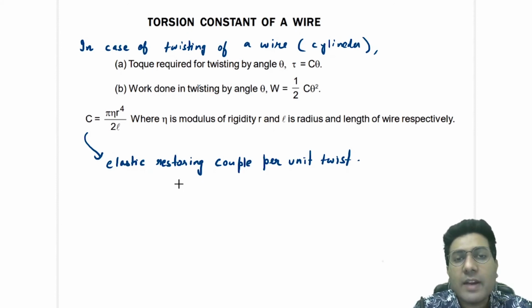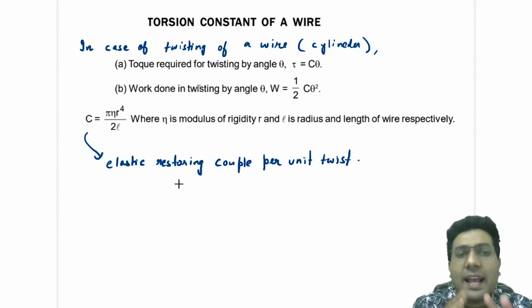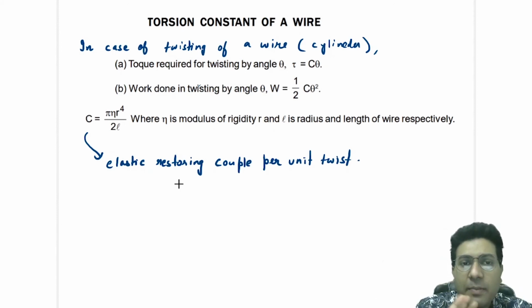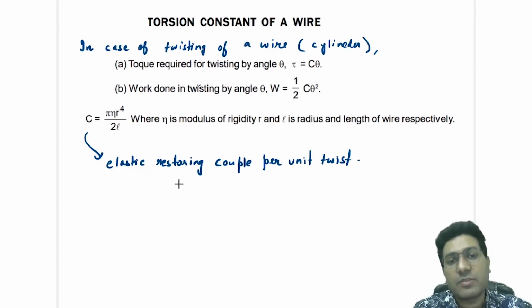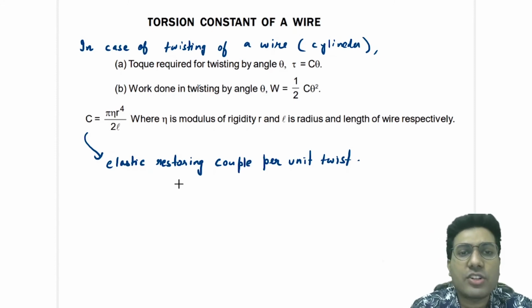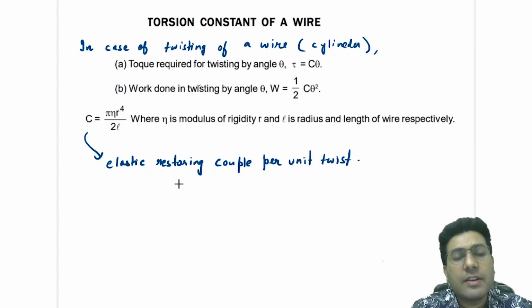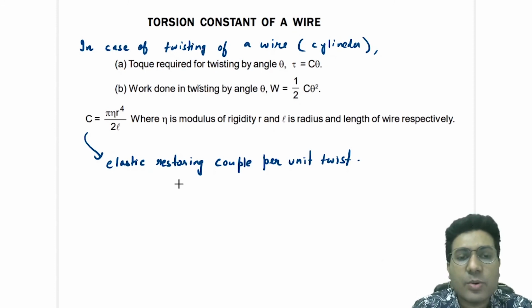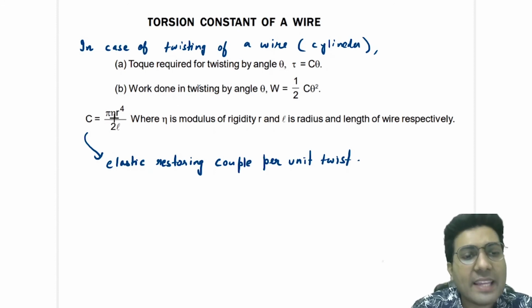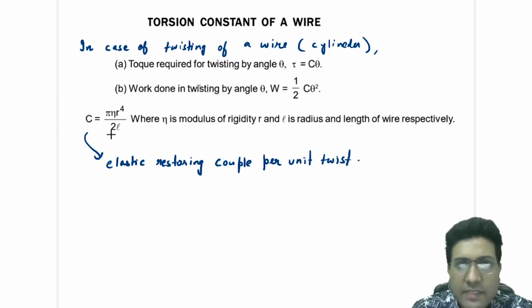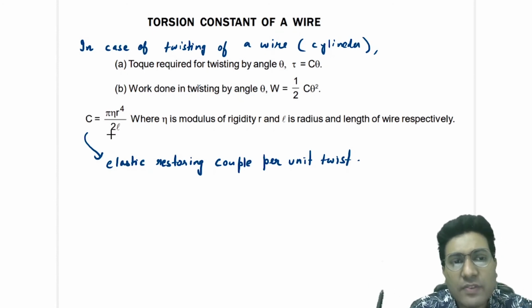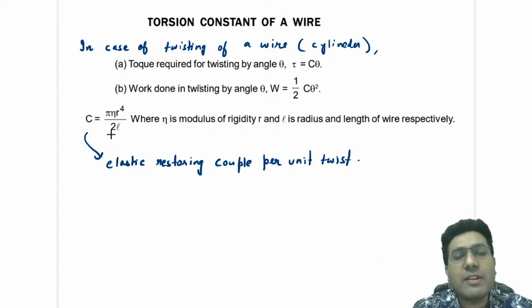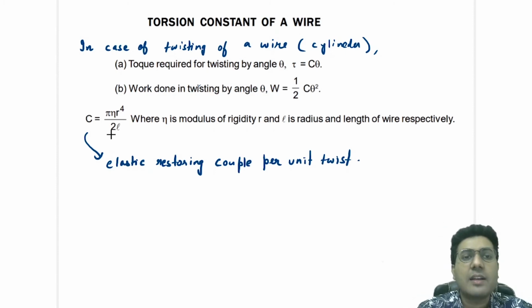Similarly, the work done in twisting the wire by an angle theta is half c theta square, where again c is the torsional constant. The value of c is given by pi eta r^4 divided by 2L, where L is the length of the cylinder, r is the radius of the cylinder, and eta is the modulus of rigidity of the material of the cylinder.